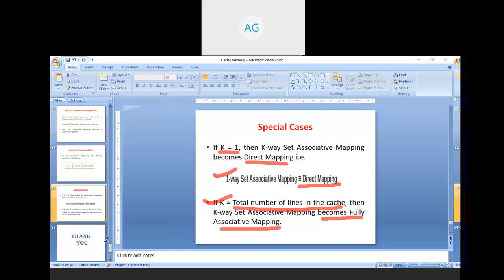so now we are going to start the numericals, which are based on the first cache mapping technique, known as the direct mapping technique. I am just changing the slides. Just wait a minute.